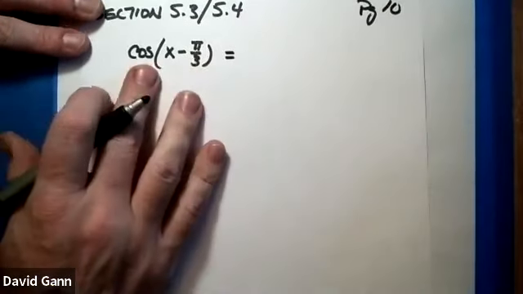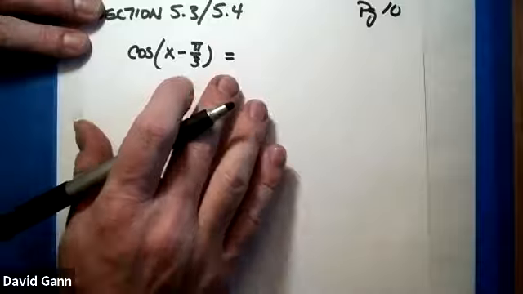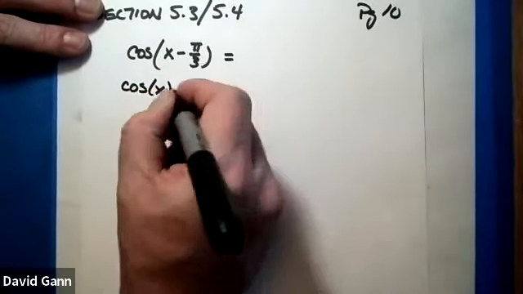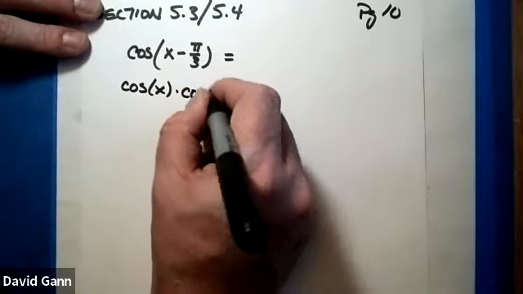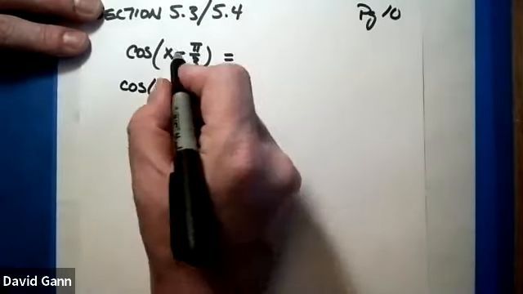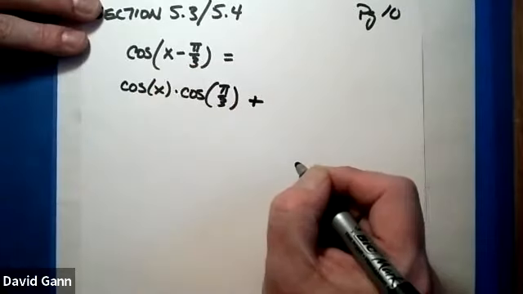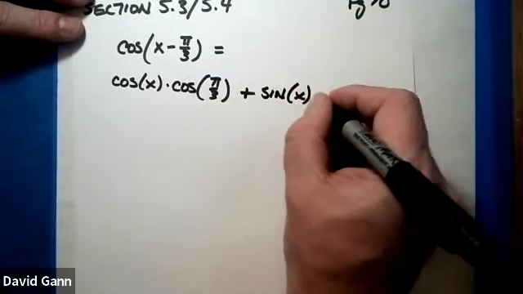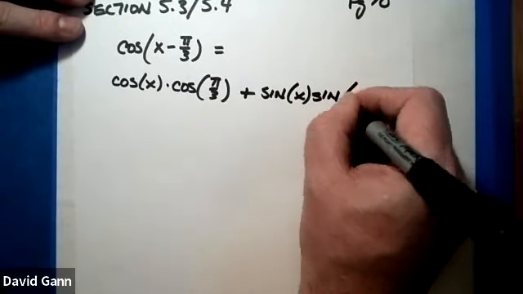So recall, for the cosine of a minus b, that's going to be cosine of the first thing times cosine of the second thing. The sign will be different, so plus the sine of the first thing times the sine of the second thing.